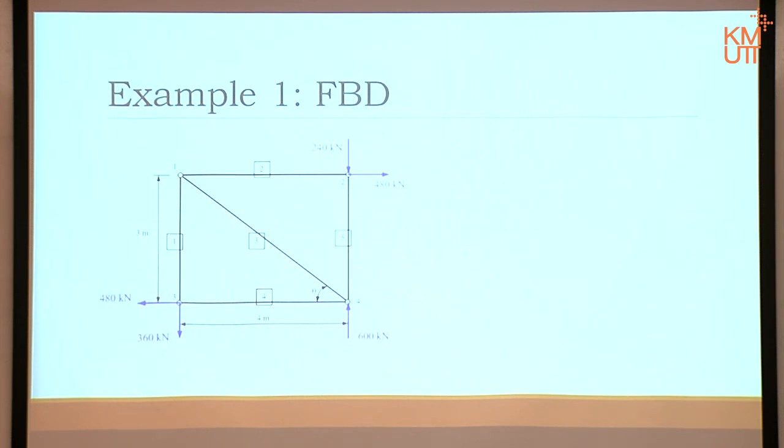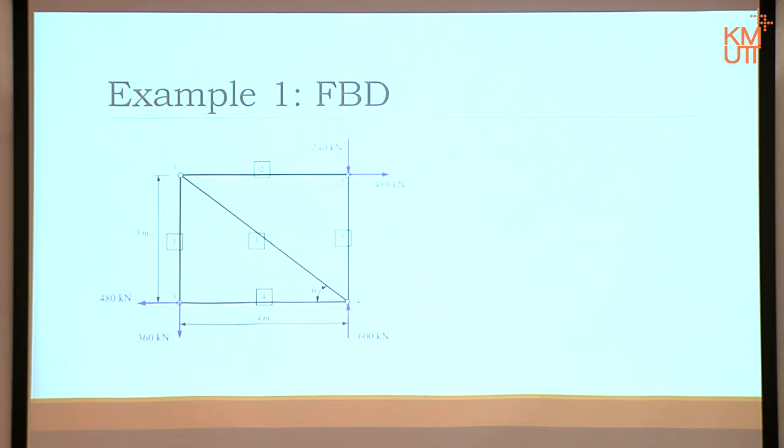In this case, it means that we are looking at a particle, not a body. If we look at the particle, it means that it's only Fx, Fy, no moment involved. Two equations. So if I look at joint 3, I'll be okay, because I have two unknowns and two equations. Correct? However, if I look at joint 4, I have a problem.